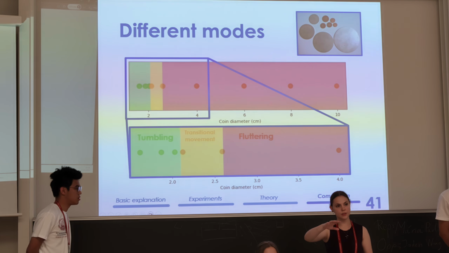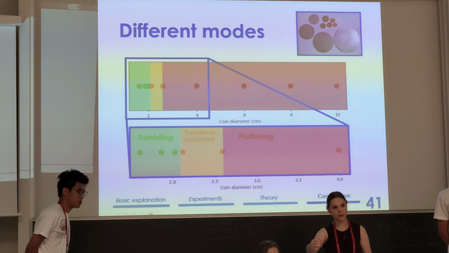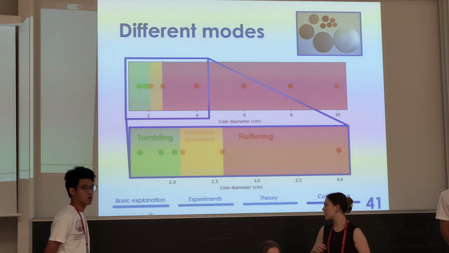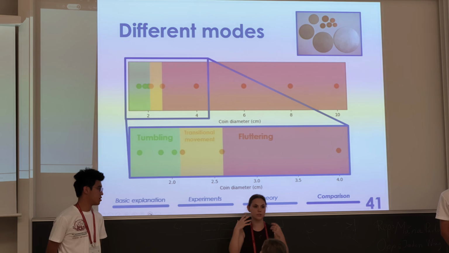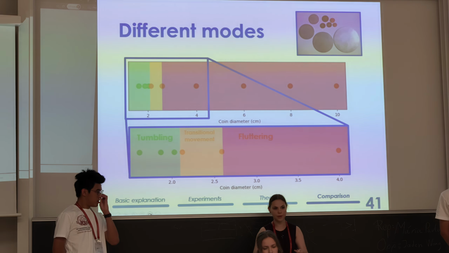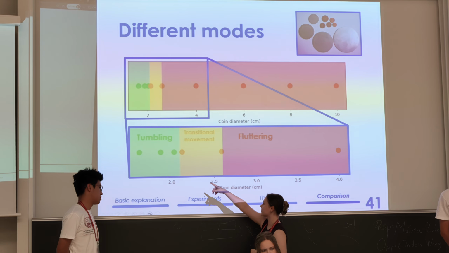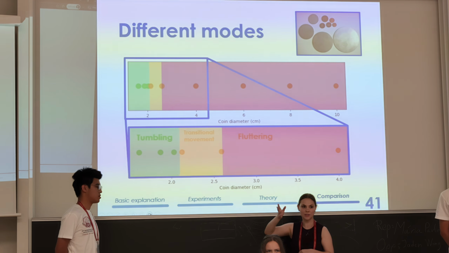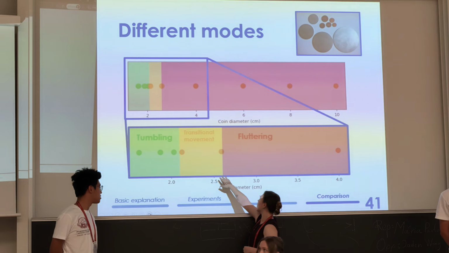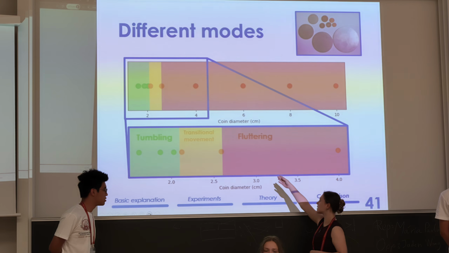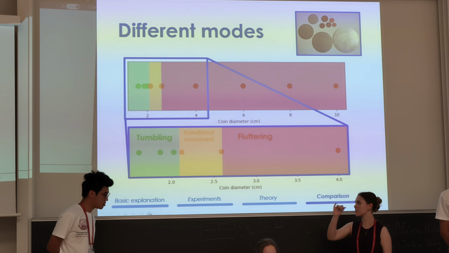It does something in between. From my experience, on this side it looked more like tumbling, but it sometimes did something like fluttering, and on this edge it mostly does fluttering, but sometimes something different.